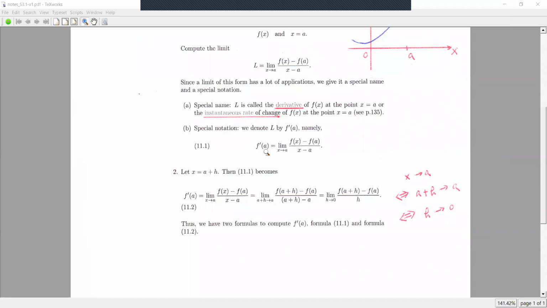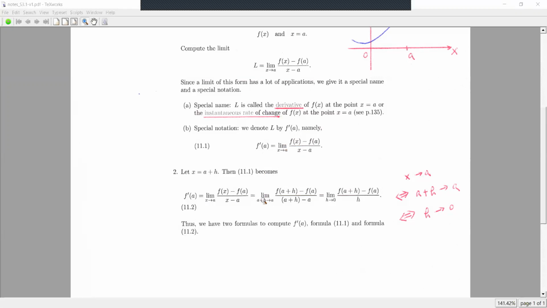We have a second formula. Make a change of the variable x. Let x be a plus h. a is a constant. h is a variable. Plug in a plus h in the x here. Then we have this equation. Now, simplify this limit. a plus h is approaching a.